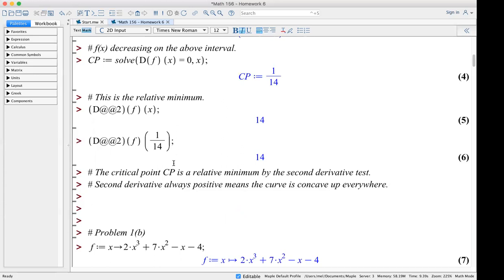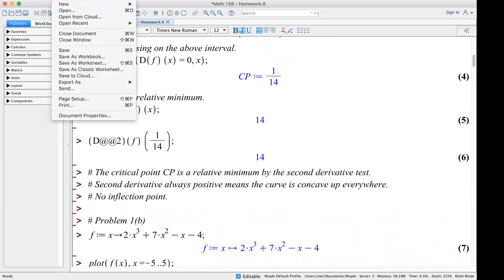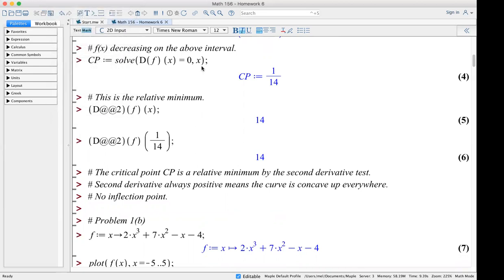So in particular, no inflection points, because the second derivative never changes from positive to negative. So that's everything we had to do.